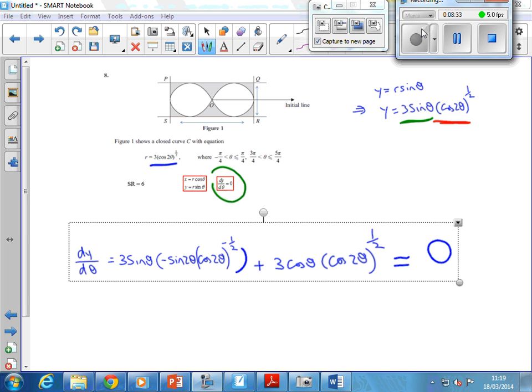Just looking at how to deal with this minus a half, I can get around that by multiplying through by cos 2 theta to the power of half. I am allowed to do that because I've got an equation equal to 0, so what I do to one side, I can do to the other side.